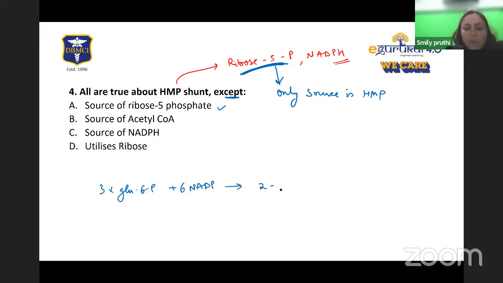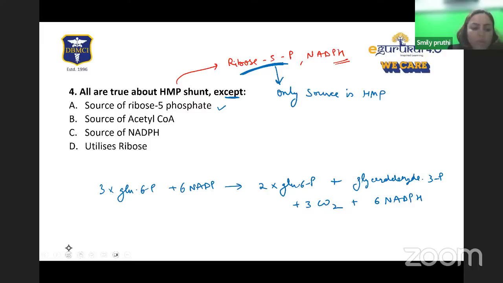We get 2 molecules of fructose 6-phosphate, 1 molecule of glyceraldehyde 3-phosphate, 3 carbon dioxide, and 6 NADPH.